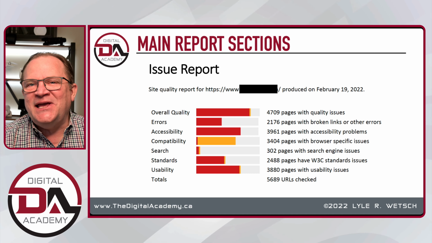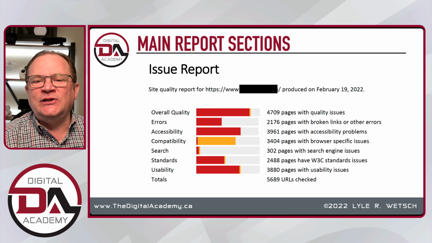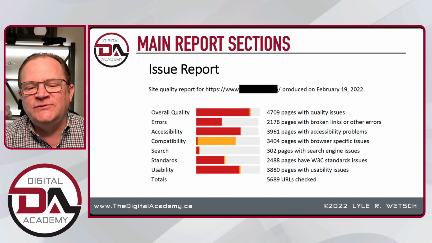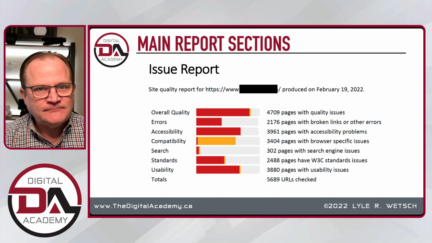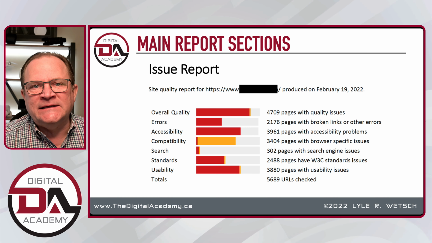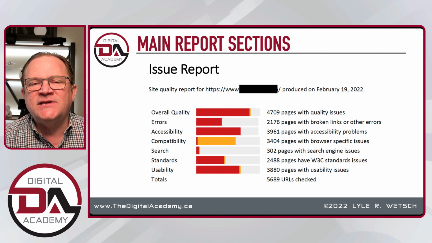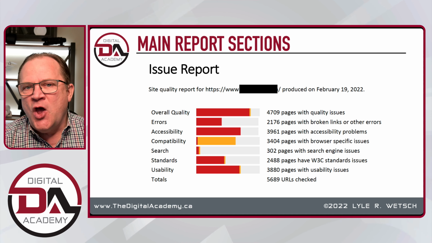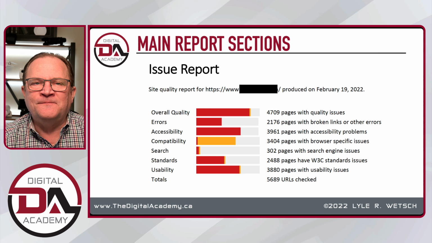So that's really a guide, a benchmark, a sort of a rubric that you can use to take a look at that overall quality issue and divide that by the total number of pages. And this will give you a clear indication of what percentage of your pages have challenges or issues, with 10% max being that goal that you want to achieve.